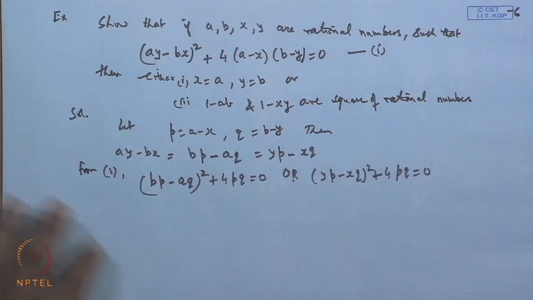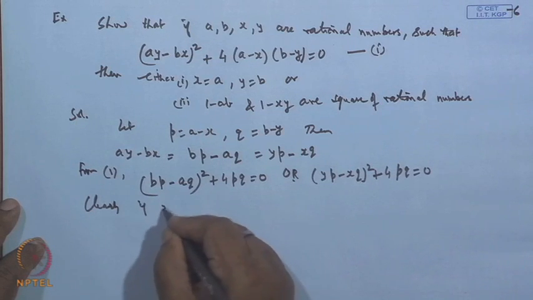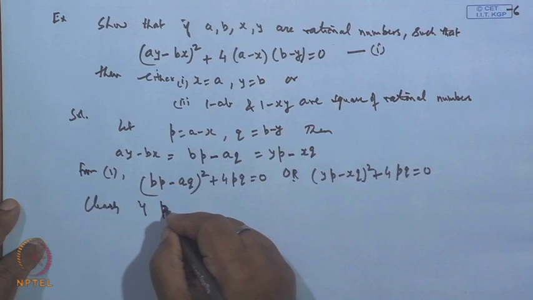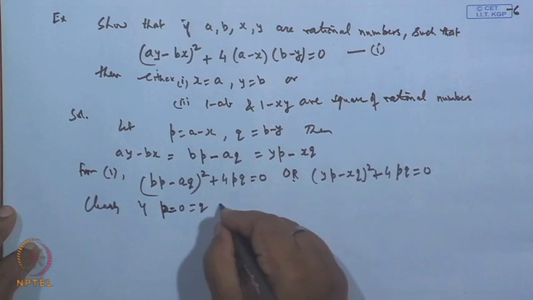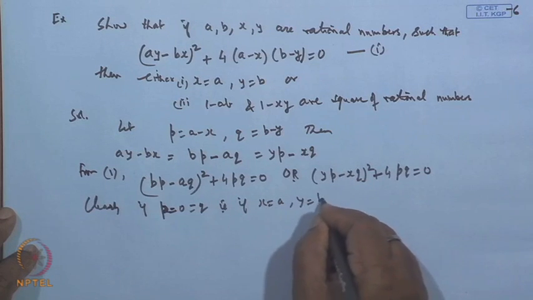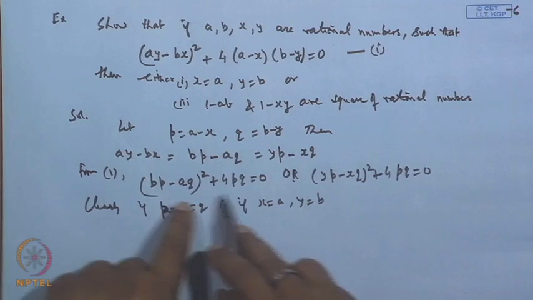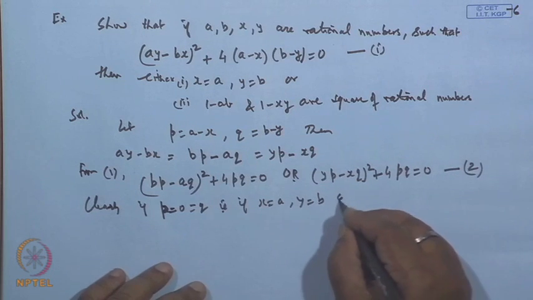Okay. Now, clearly if p is equal to 0, q is also 0, that is if x is equal to a and y is equal to b, then p is 0 and q is 0, and the two equations are satisfied.